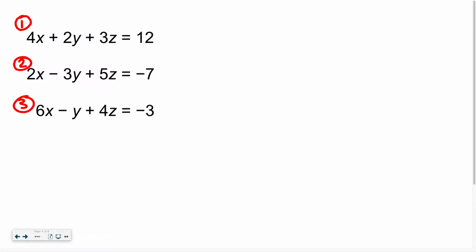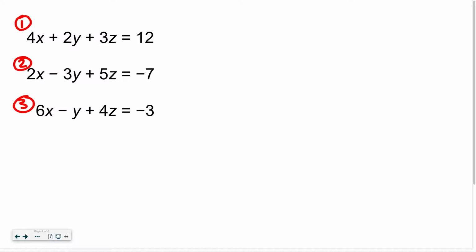Okay, so I'm going to backtrack. If we add up all these, the x's, y's, and z's are probably not going to cancel so nicely. So we're going to work with 2 equations at a time. We have to make a decision at the beginning to eliminate one of the variables. So we're going to take it from a 3 variable system to a 2 variable system.